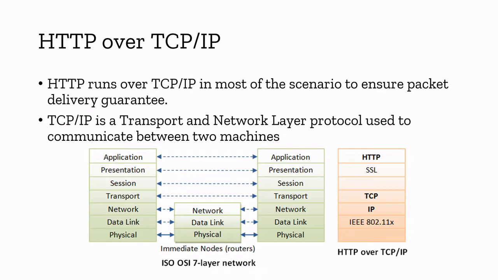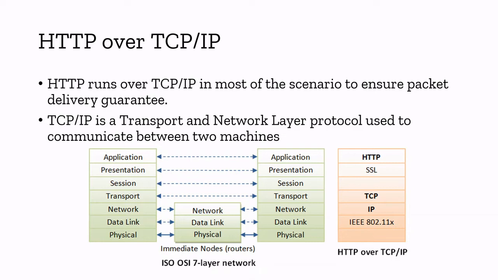TCP stands for Transmission Control Protocol, whereas IP stands for Internet Protocol. TCP is used to provide communication between two systems or two computers or two machines in the network, and IP is used to provide routing between these devices, and each device will be provided with an IP address in order to identify and send the data and packets between these devices.